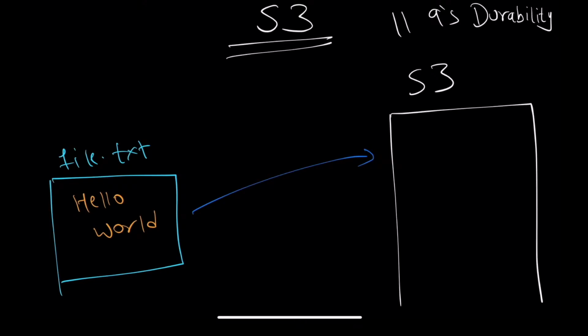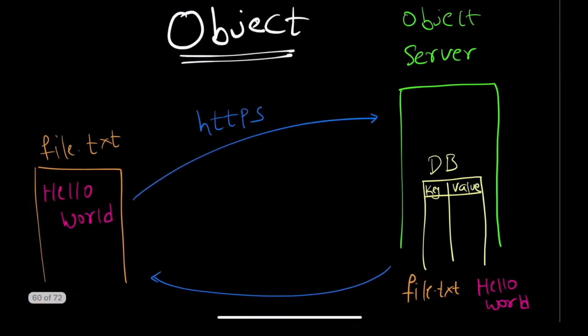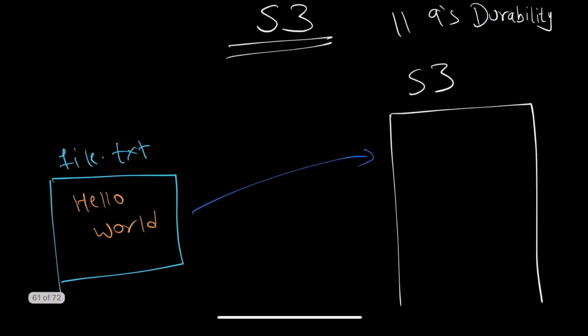How it achieves that, we are going to talk about. But till here, if you've understood how object servers store the object, S3 works exactly the same way, but instead of servers, we have a service that handles the request. We use the HTTPS protocol as a way to put the file.